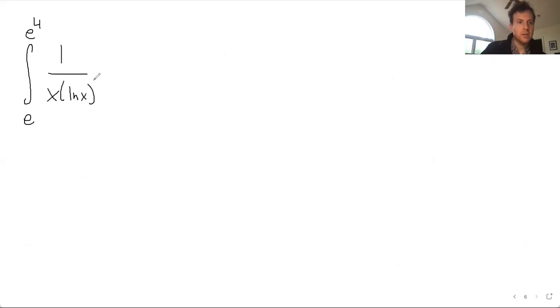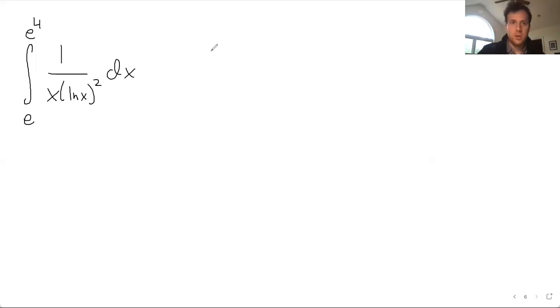Okay. But what about this other way? So let's put this function back here, the integral from e to the fourth of 1 over x times the natural log of x squared dx. In this case, it's exactly the same u substitution.